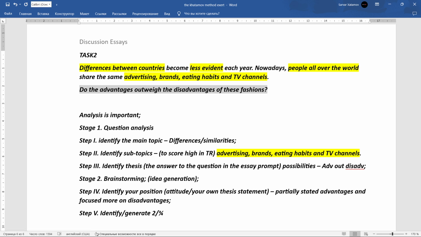I will show you how that's done in another video. 3, 4 main arguments, right? Actually, we are starting working on your body paragraph. So brainstorming, body paragraphs, right?